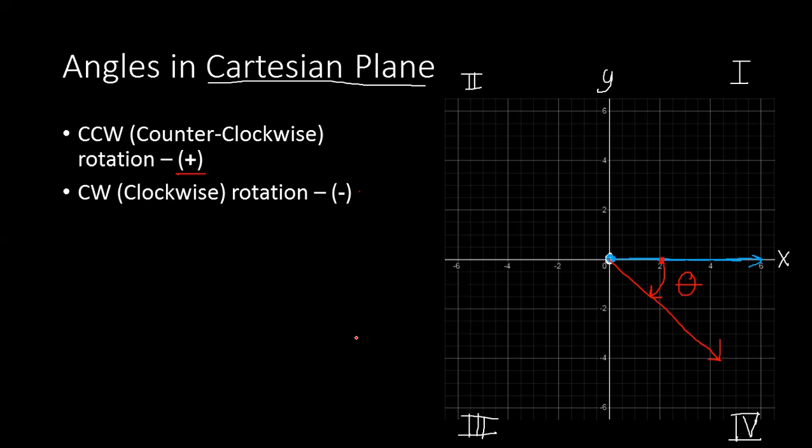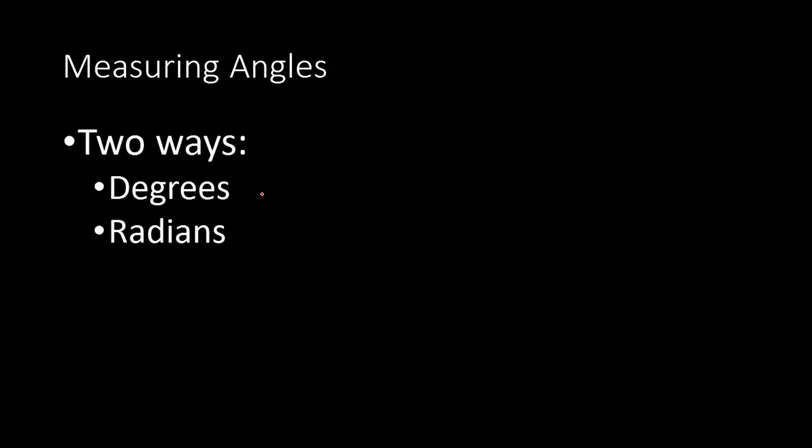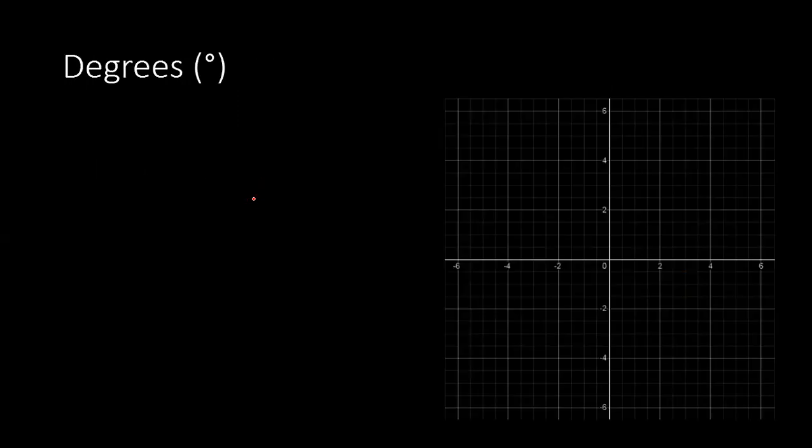Now, let's talk about how we measure angles, especially with the application of Cartesian plane. There are two ways to measure angles: degrees and radians, which is the first subtopic that we're going to discuss today. Let's first talk about degrees. This is the common way to measure angles. I think I have already given you some illustrations of how an angle looks in a triangle.